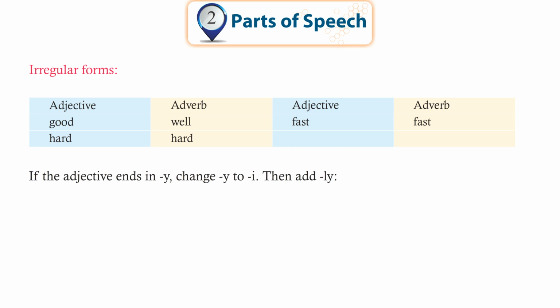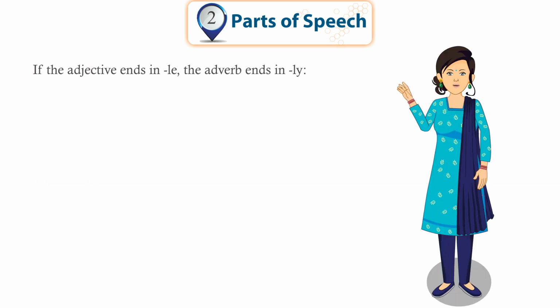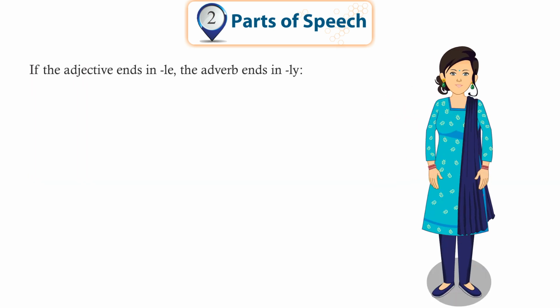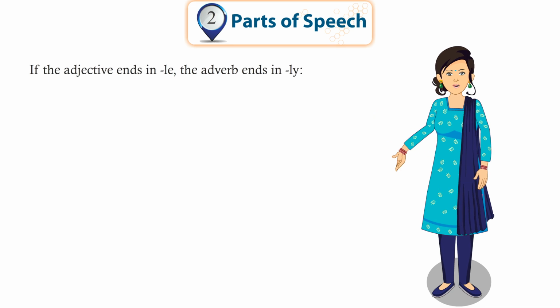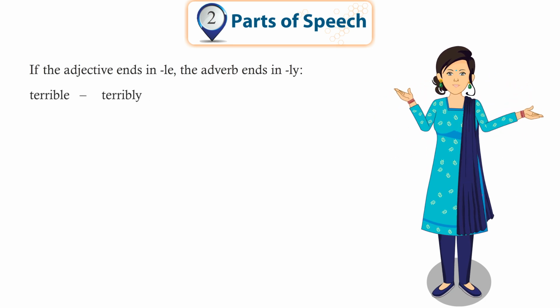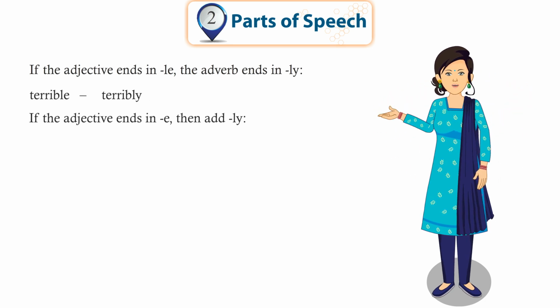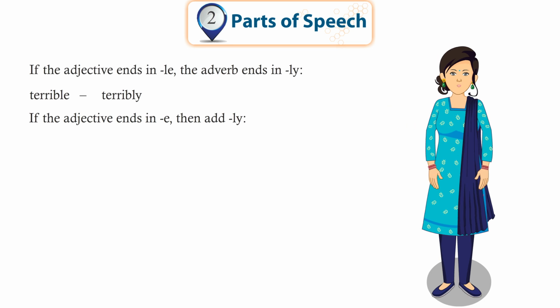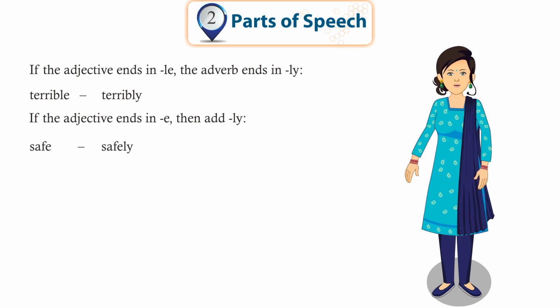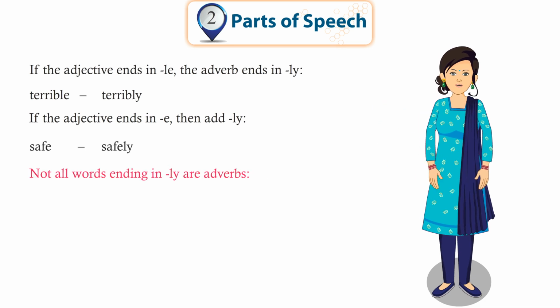If the adjective ends in y, change y to i, then add ly. Happy, happily, but shy, shyly. If the adjective ends in le, the adverb ends in ly. Terrible, terribly. If the adjective ends in e, then add ly. Safe, safely.